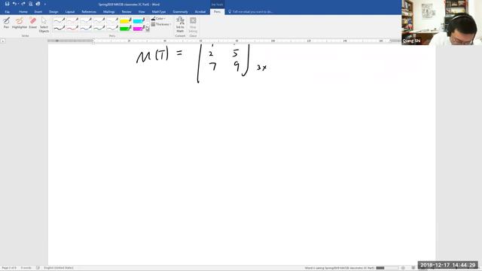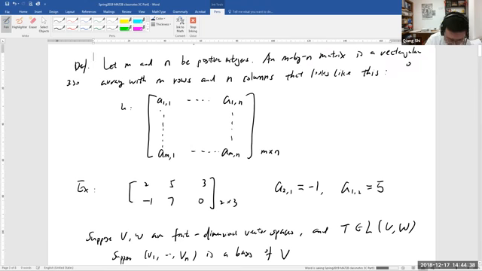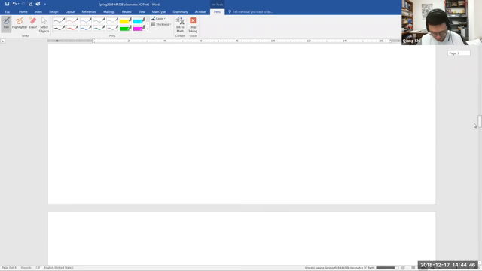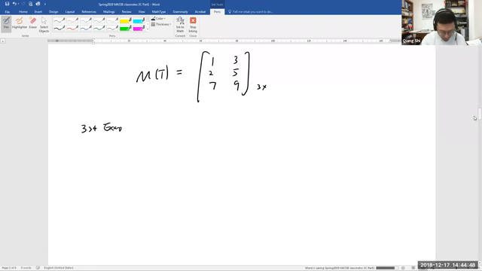Okay. So 3.34 example here. All right, another one. This one says well, something wrong with the computer here. Okay. So example here, right?